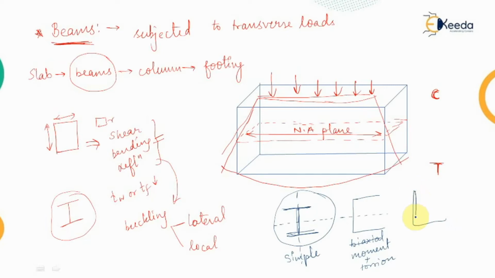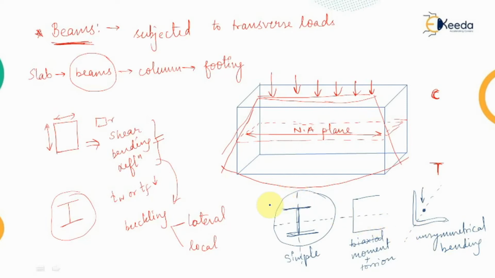While in the case of the angle section, there is no axis of symmetry except the one about its shear center. So if the load is applied at the shear center, then it is okay. If not, then the member will experience a different type of bending, which is known as unsymmetrical bending.